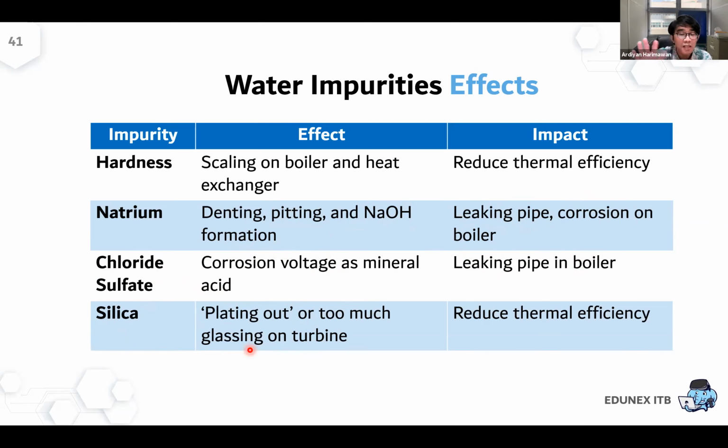Plating out is like a layer of very hard substance like glass in the boiler, or it can later be carried over to the turbine. Because the steam produced by the boiler is used to move the steam turbine, it can reduce the thermal efficiency.